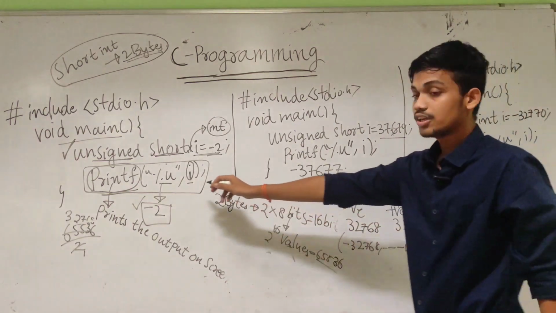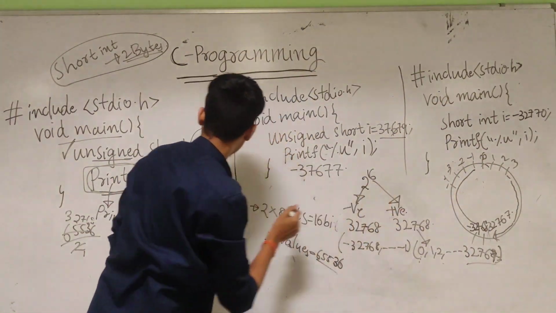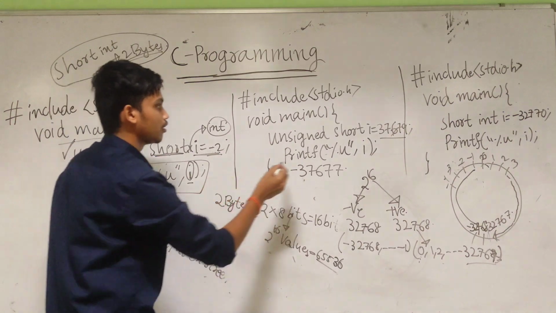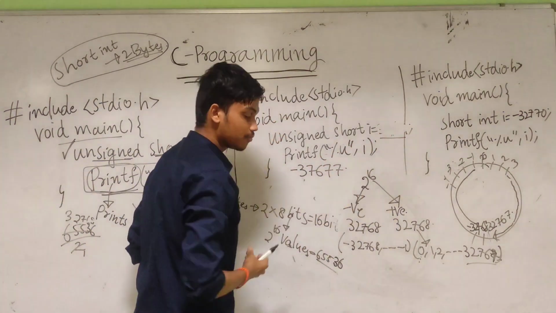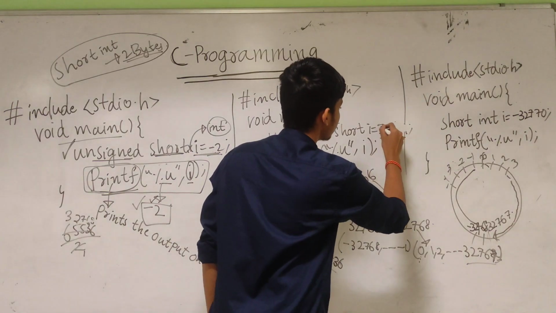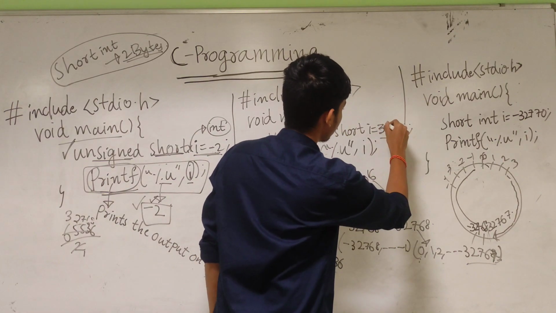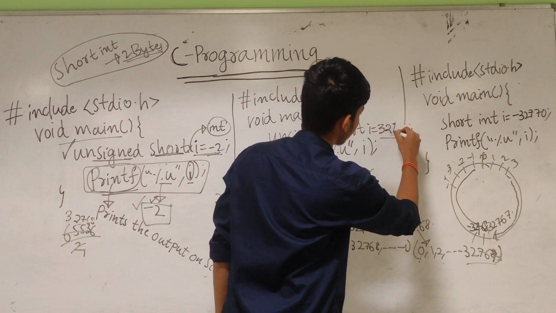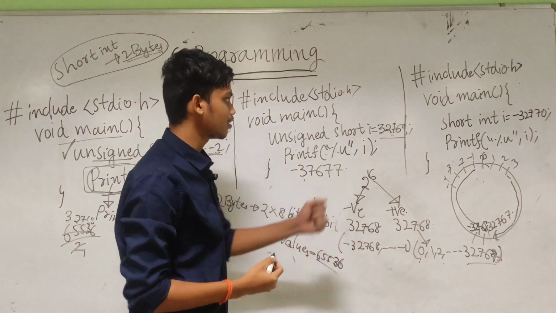Now, -2 is in the range, so this is correct. If I change this to a very big number, you will get confused. So I am just changing this value to 32769. Then what will be the value printed here?